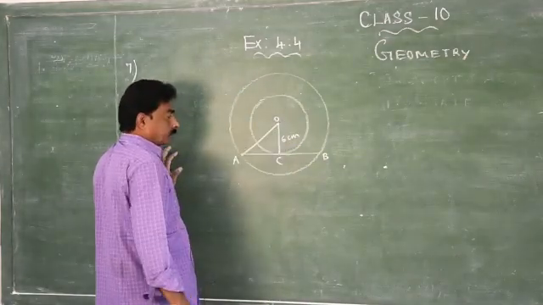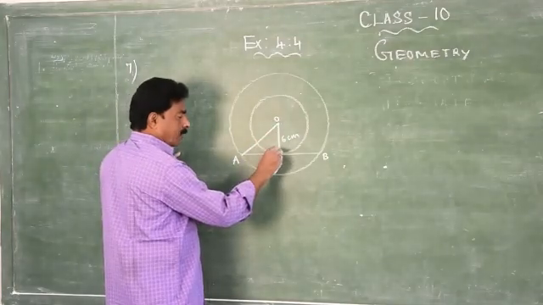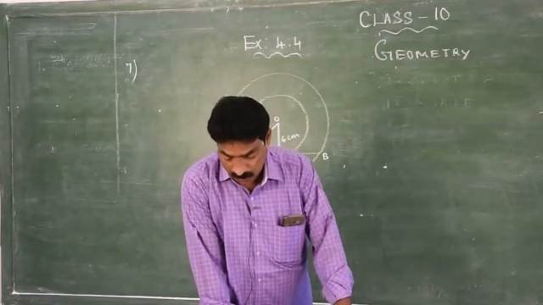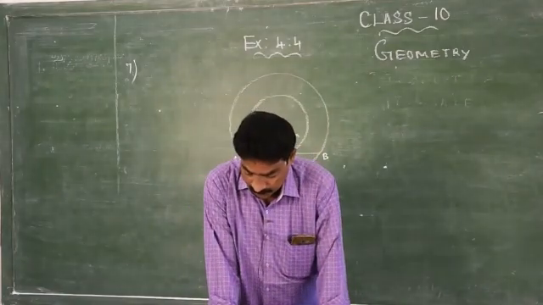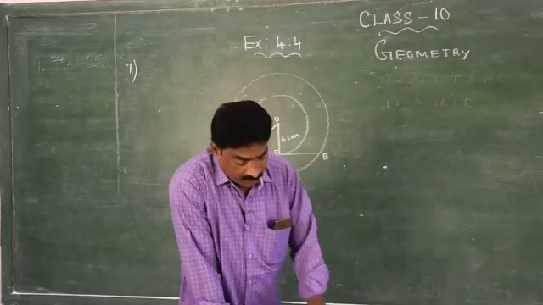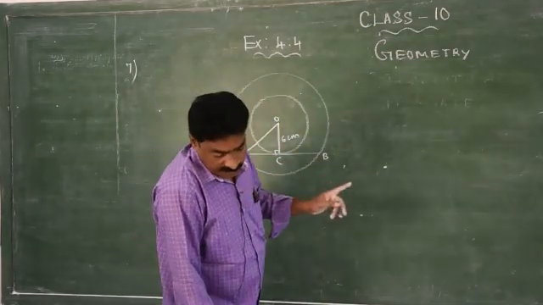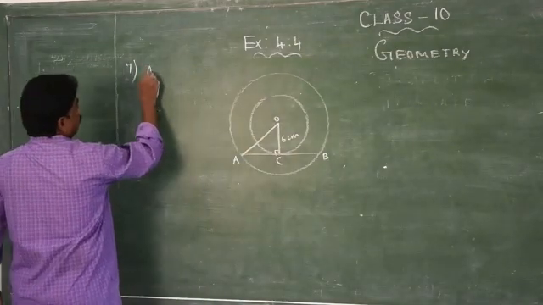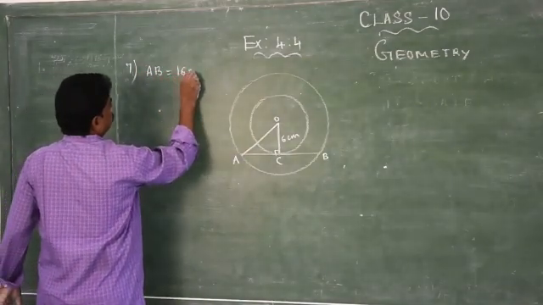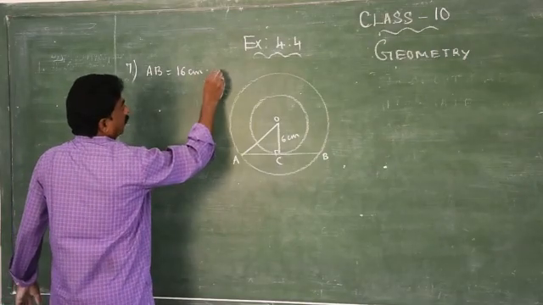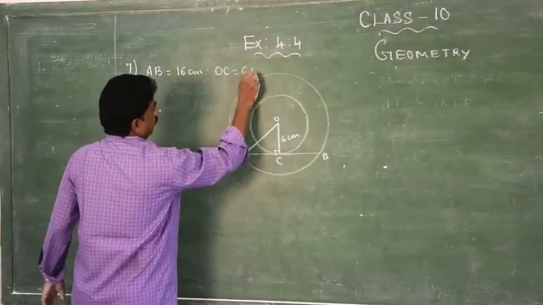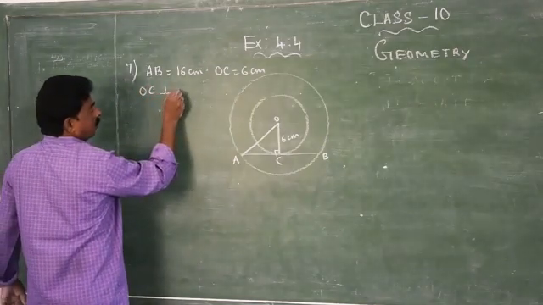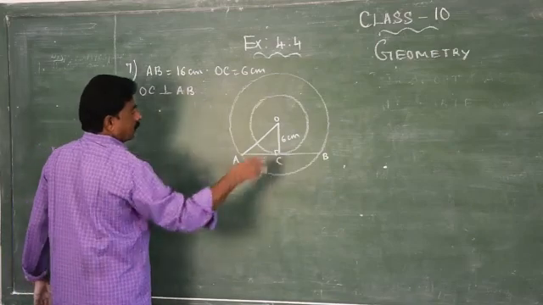We know that OC is perpendicular to AB. So OC is perpendicular to AB, and AB is given, that is 16, the chord of a larger circle. And OC is 6, that is the radius of the smaller circle.